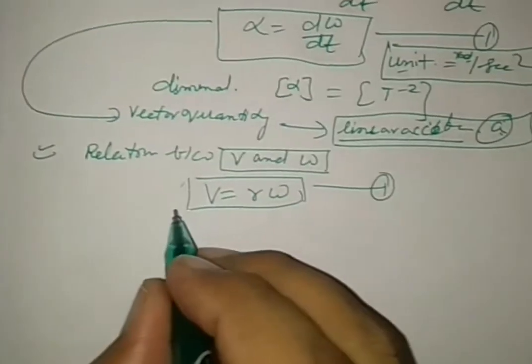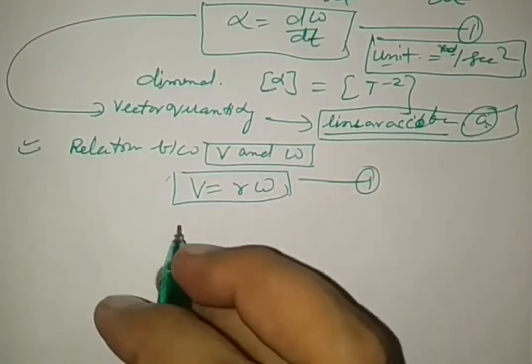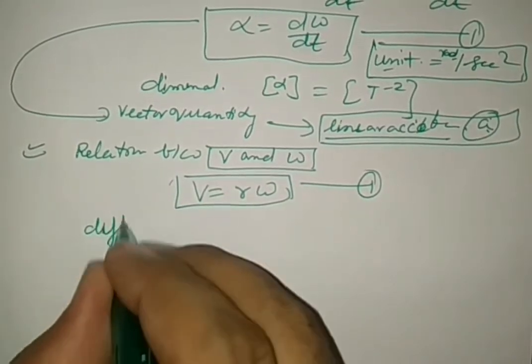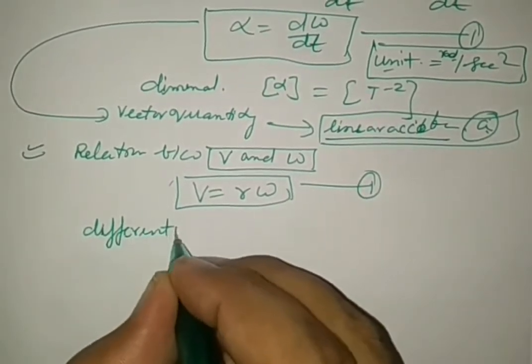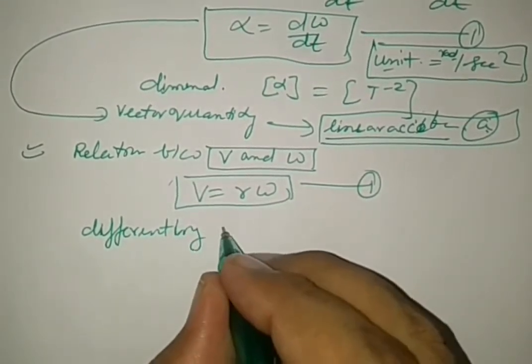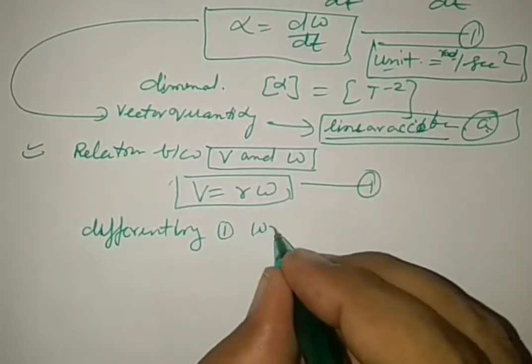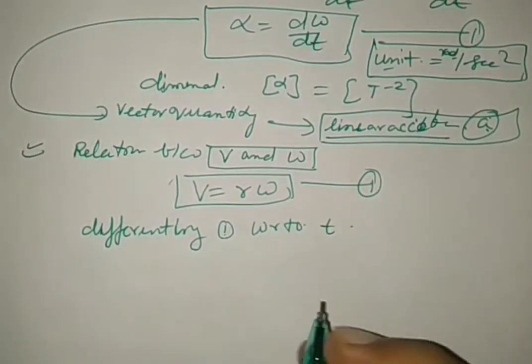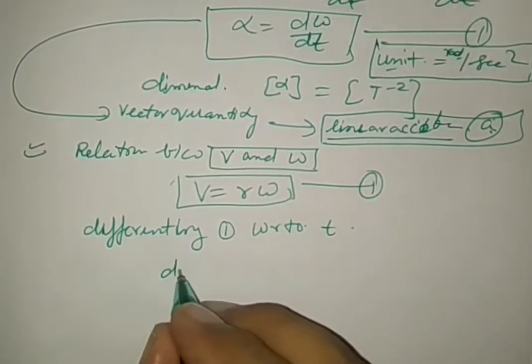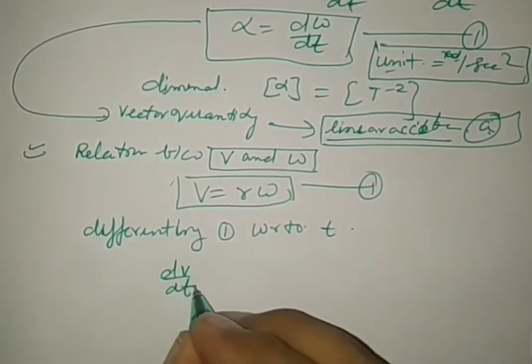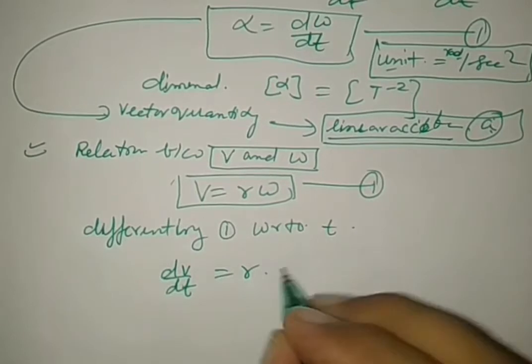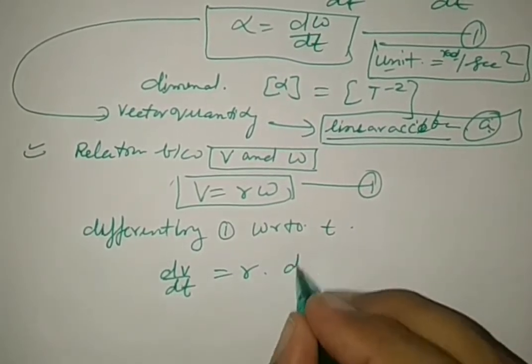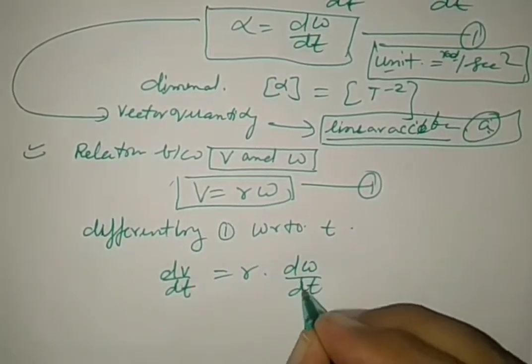Now how may we obtain this? What we are going to do is differentiate equation 1 with respect to t. On the left-hand side we obtain dv by dt is equal to r d omega by dt.